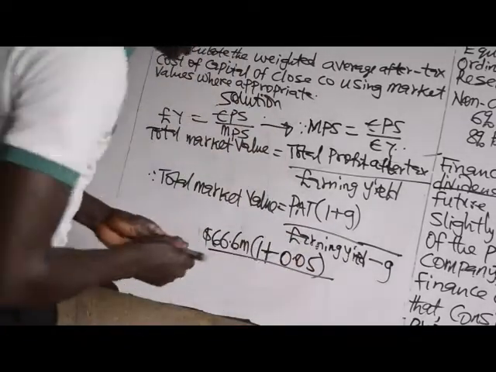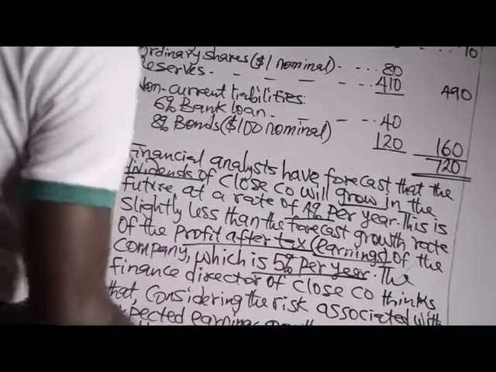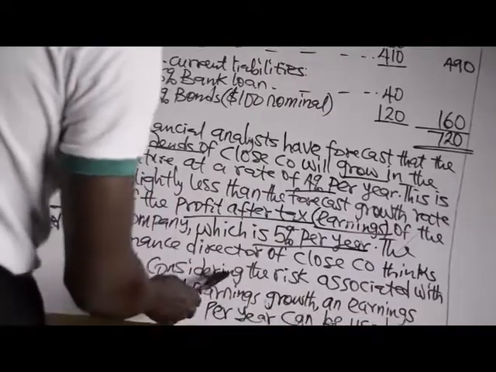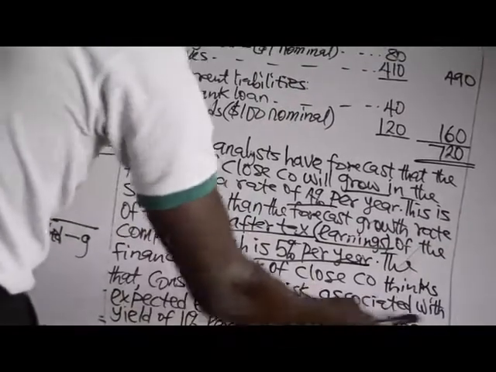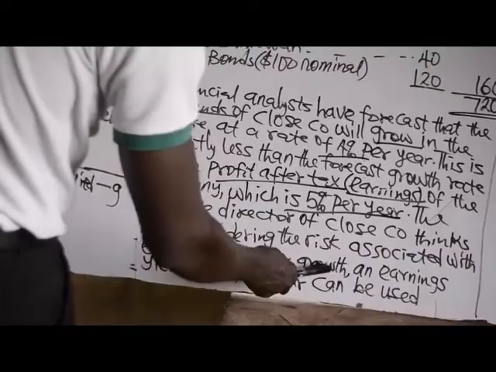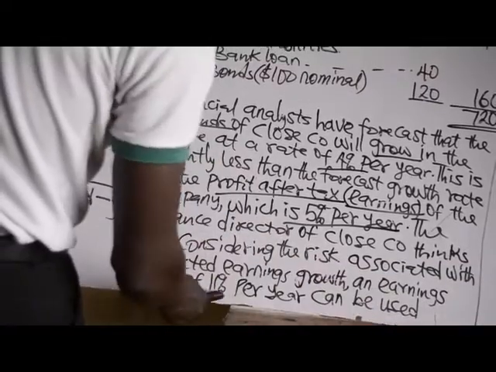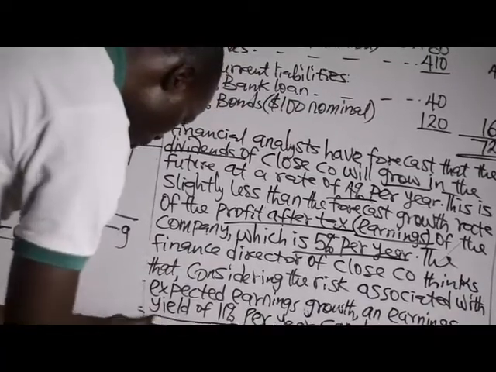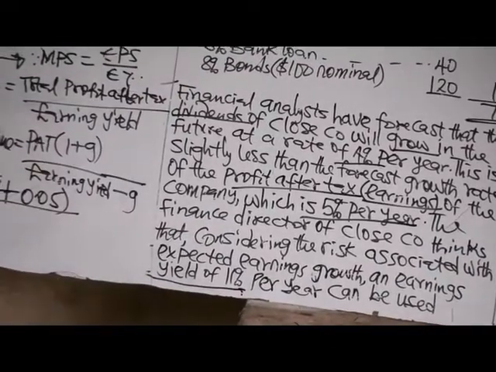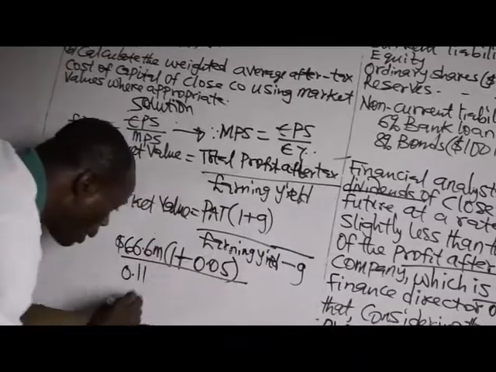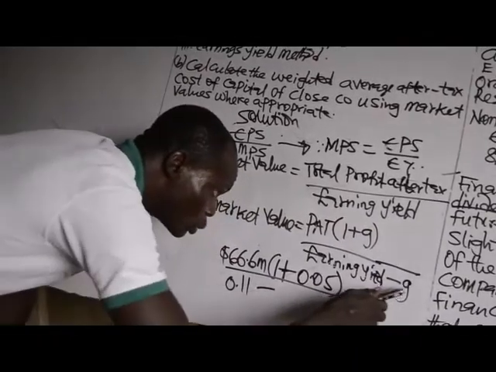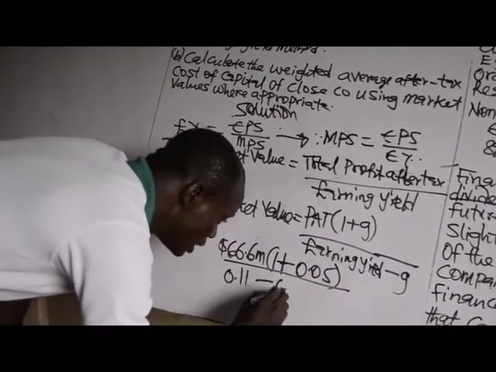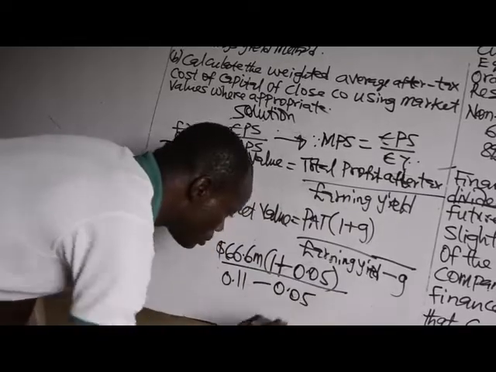And what is the earning yield? Now, the finance director of Closco thinks that, considering the risk associated with the expected earning growth, an earning yield of 11% per year can be used. The earning yield is 11%, which is 0.11, minus growth. And the growth rate in earnings is 0.05.